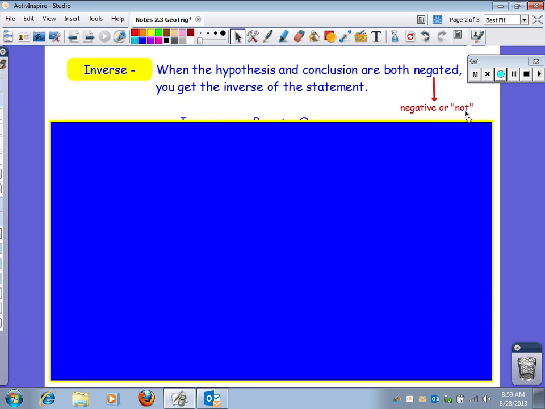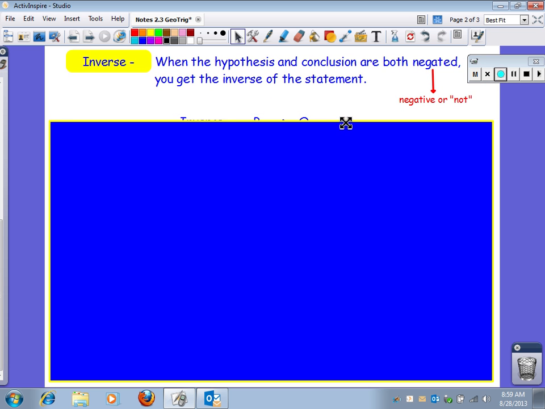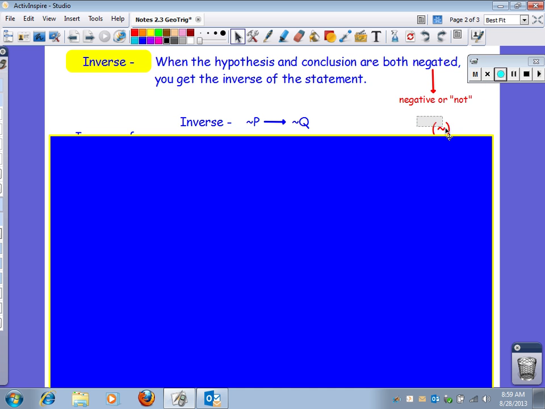In our reasoning section in this chapter, the negative sign, when we talk about inverse, is actually this little squiggly. So our symbols for inverse are the little squiggly line P to the little squiggly line Q. We don't flip them around.